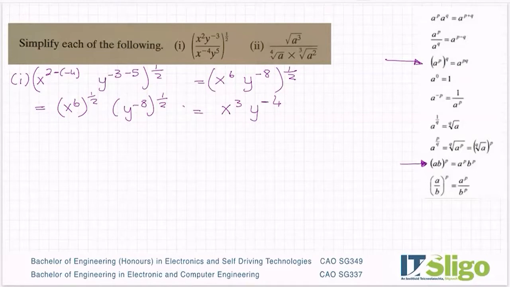Okay, and then we normally write them with positive indices, so I'm going to use this rule at the end, a to the minus p, where it comes under the line, so the reciprocal of it, so it'll become y to the power of 4. Okay, so just another example of the videos we were doing in the last class. Let's have a look at the second one.